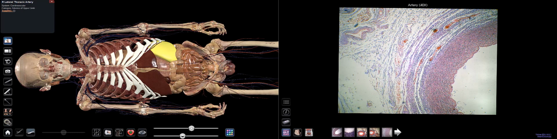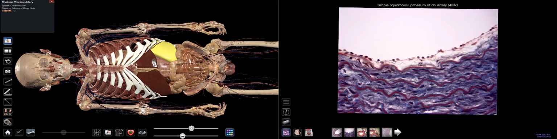Kind of cool. The red lines there are the elastin fibers because arteries can stretch and relax depending on the pressure in that vessel. So that's a really good picture of connective tissue within an artery.